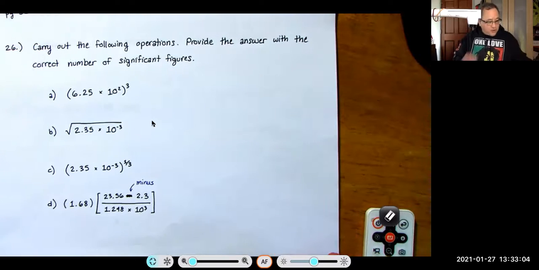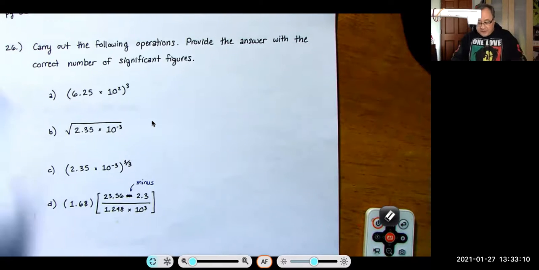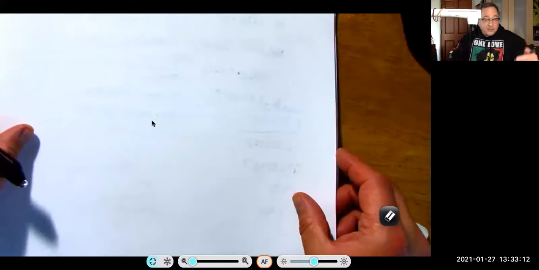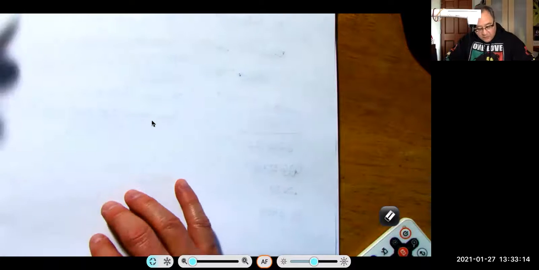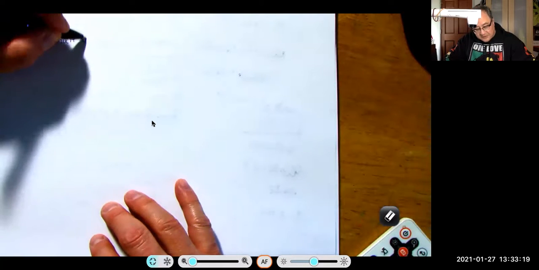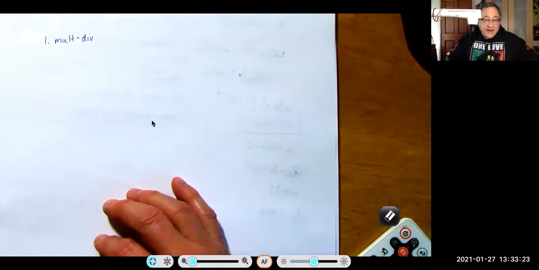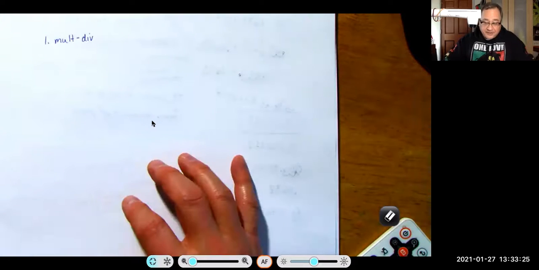So what we're practicing here are the rules for significant figures. And you need to memorize these three major rules. For multiplication, division, the answer has the same number of zig figs as the beginning number with the fewest.